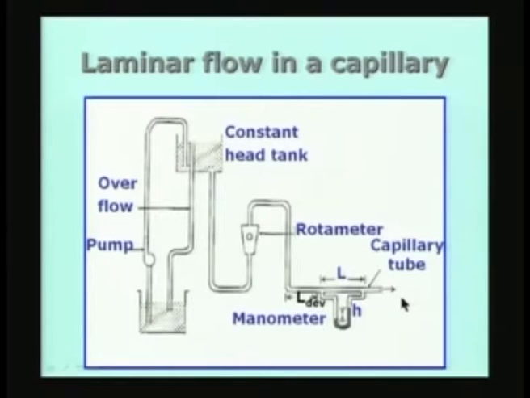A very simple and a very accurate method is to collect the fluid in a very accurately graduated jar, and then measure the volume over a certain time interval, which can be measured using a stopwatch. And the head H indicated by the manometer gives you the delta P across the tube length L.